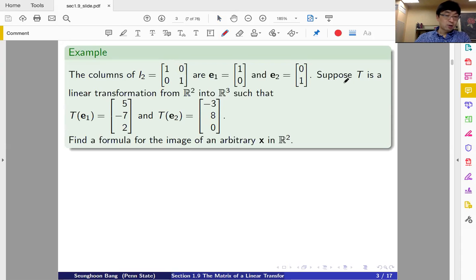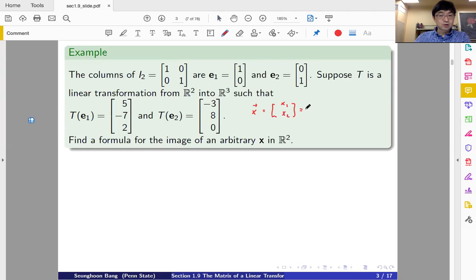So how can you find this? We can find the formula like this. The vector x is x1, x2.